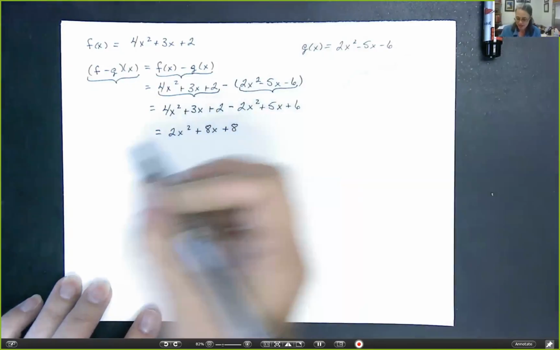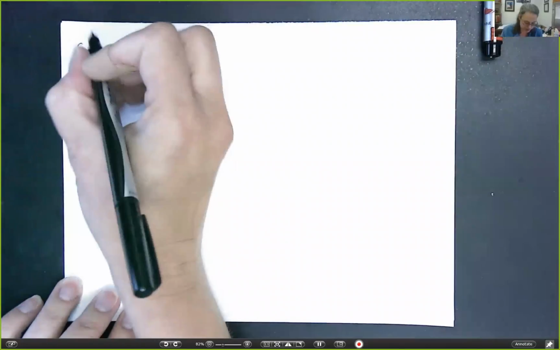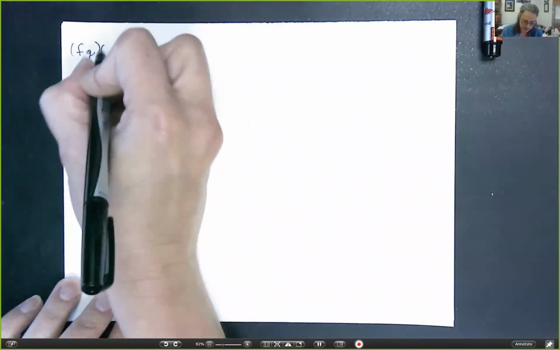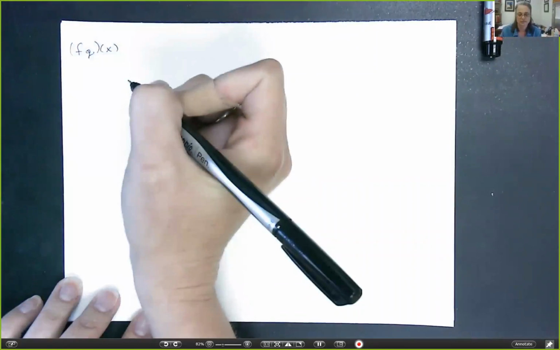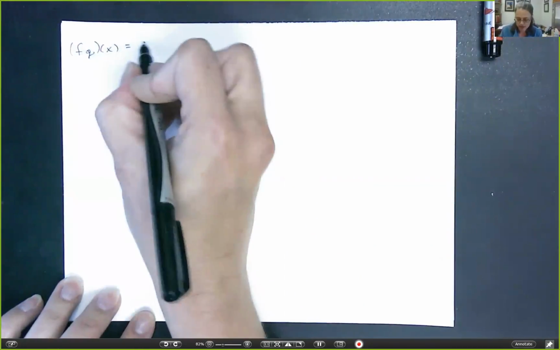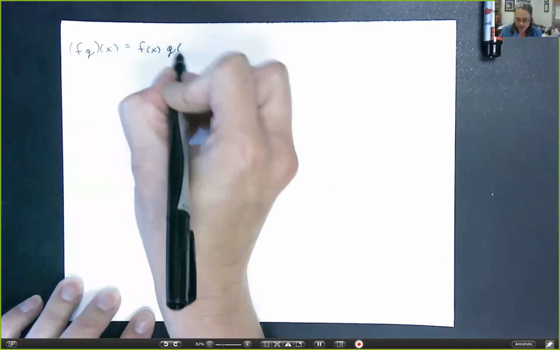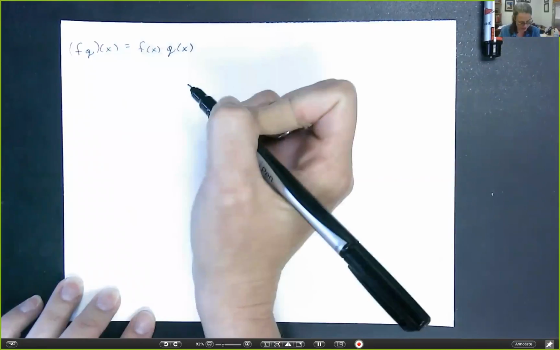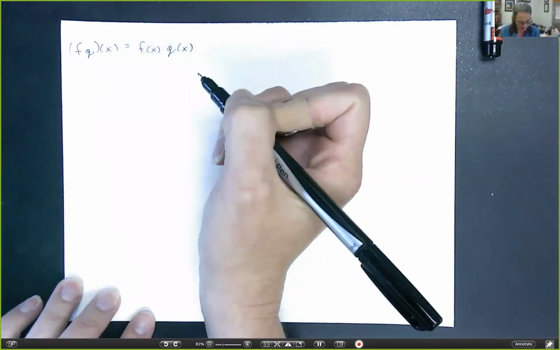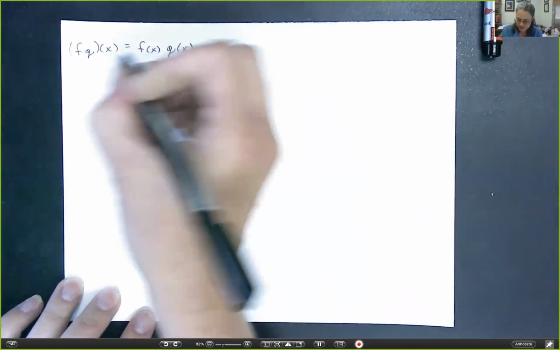Multiplication and division work pretty much the same way. So if I write f times g of x, nothing in between, that's f of x multiplied by g of x. We'll stick with our same two functions.